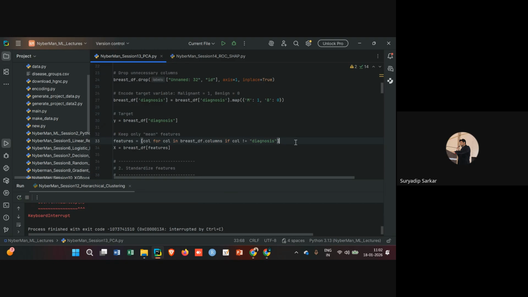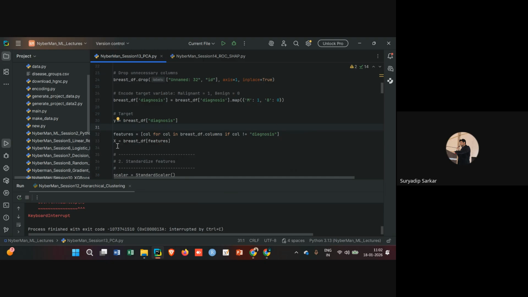Ignore this comment, this is wrong. For features, if you see here, we are taking all the columns as long as the column is not equal to diagnosis, because diagnosis is our target column.